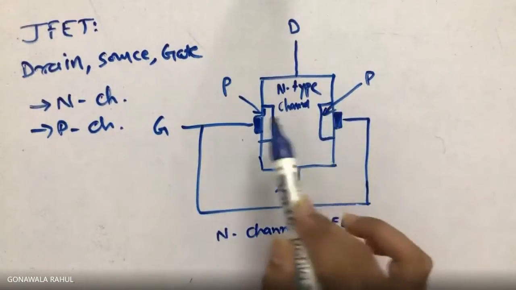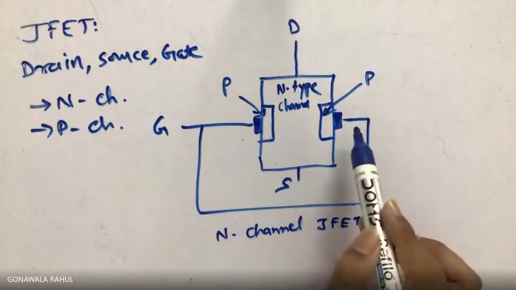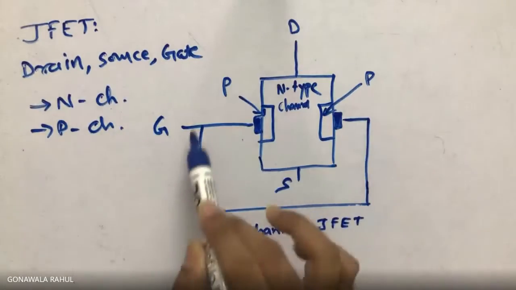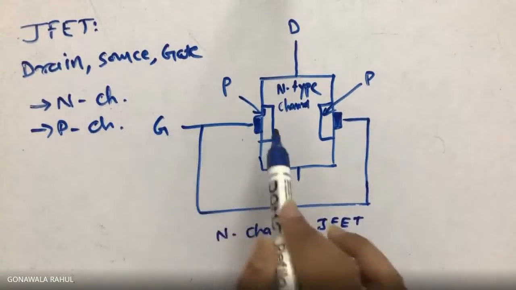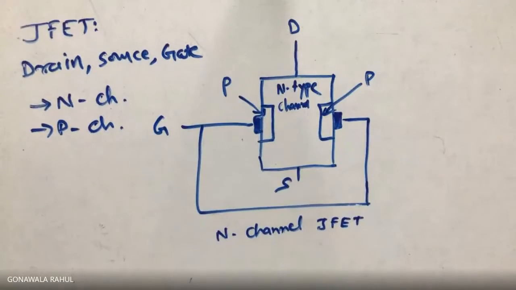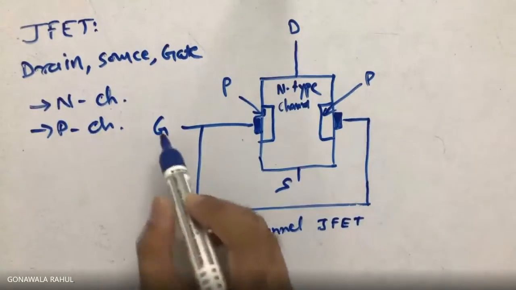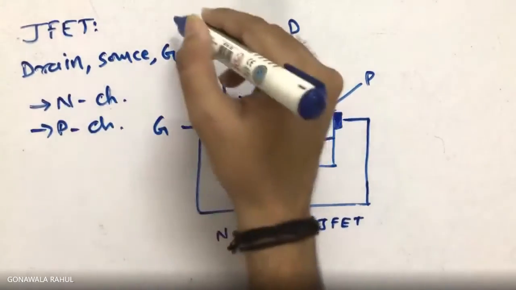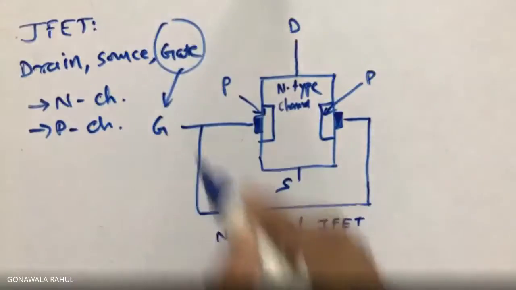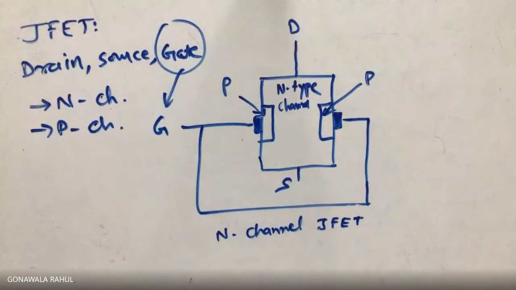Both p-type regions are connected internally, and a single wire is taken out in the form of a terminal known as the gate.